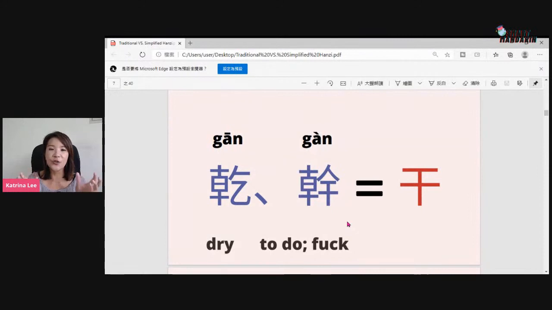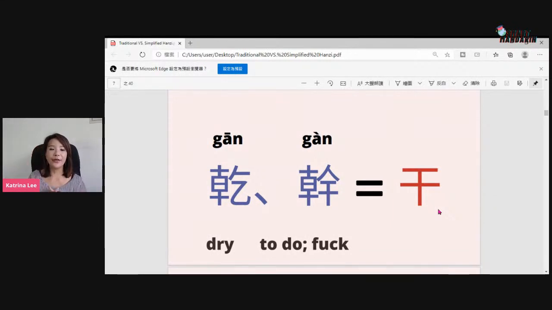Because these two characters are different but sound very similar, they changed that to this simplified one on the right side. So the simplified gan could mean dry, or it could mean F-U-C-K.